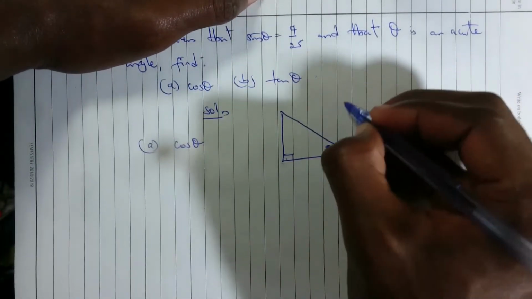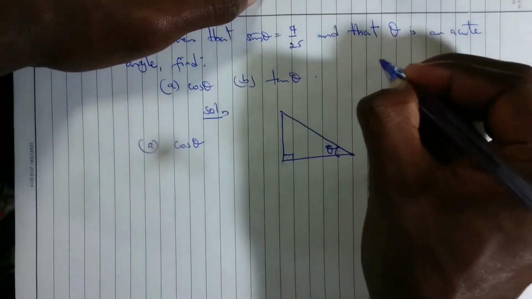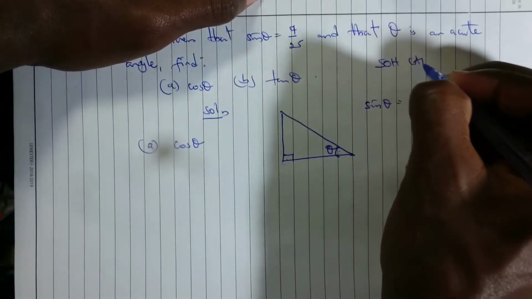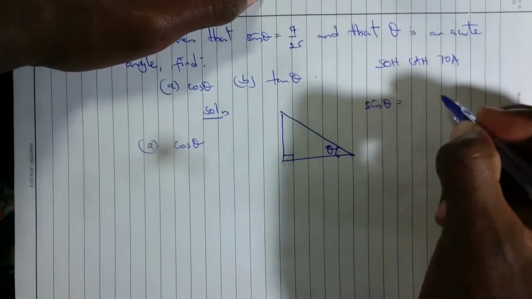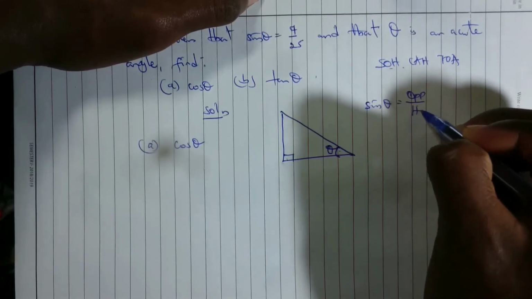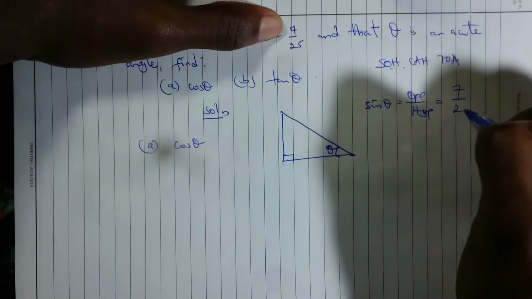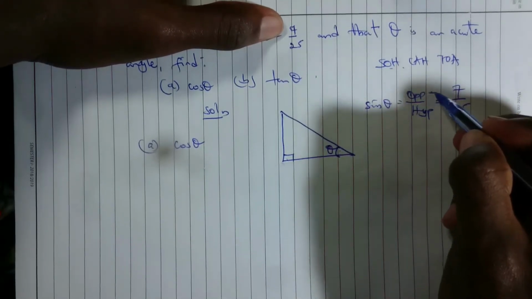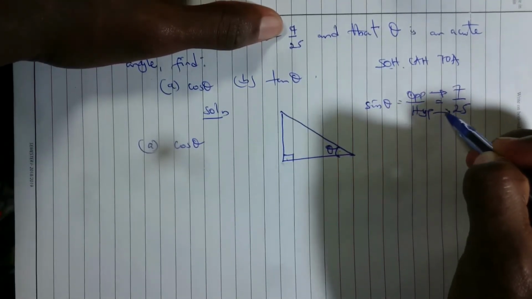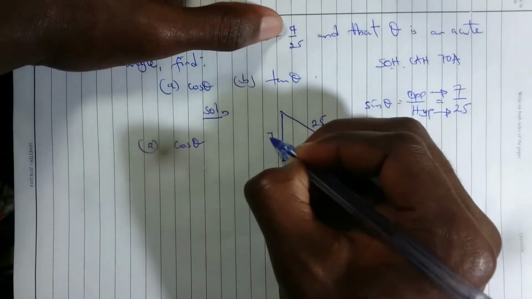So sine theta, which they have given, equals opposite over hypotenuse from our SOHCAHTOA, which is 7 over 25. What does it mean? Our opposite is 7 and our hypotenuse is 25.